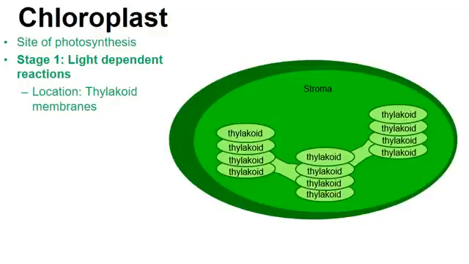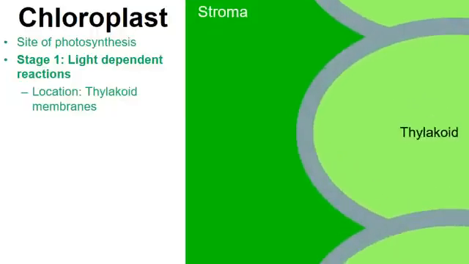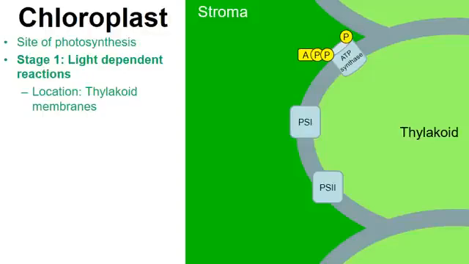Okay, so you see that flashing black box? I want to zoom into that area of the chloroplast. When we do, we're going to see that there are some things embedded within the membrane of the thylakoid.